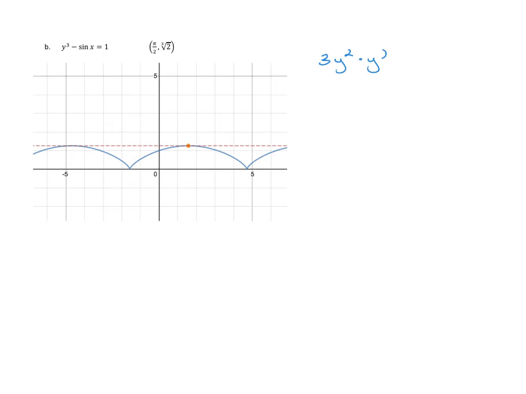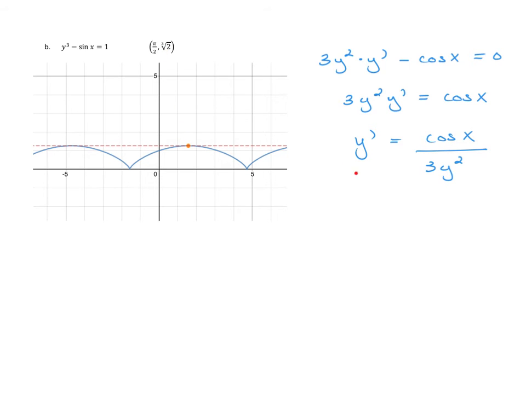The derivative of sine of x is cosine of x, and that's equal to 0. If I solve for the derivative, I'll add cosine of x to both sides. I'll divide both sides by 3y squared, and I can use this to figure out the slope at this point.